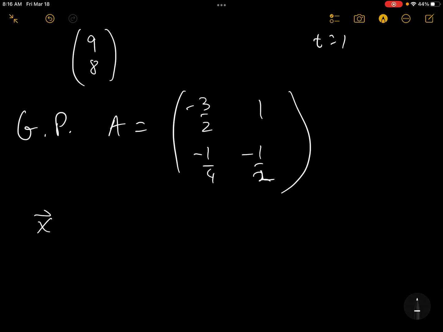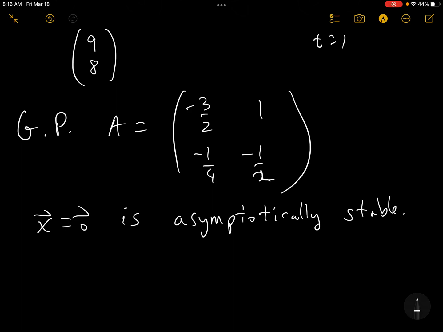As you can see, the origin, x equals 0, is asymptotically stable, and it's an improper node, is what it's labeled as.